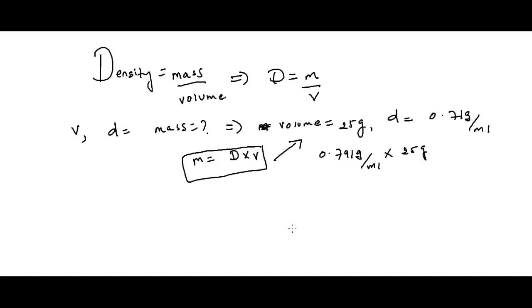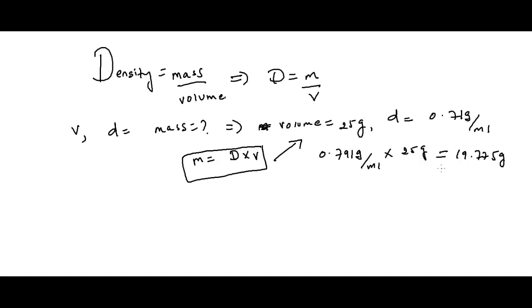But remember that we always have to apply the rules of significant figures. If you multiply 0.791 times 25, my cell phone shows me 19.775. So 19.775 grams, because we're calculating the mass.